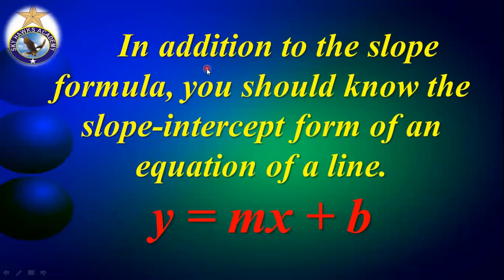In addition to the slope formula, you should know the slope intercept form of an equation of a line. So basically slope is the basic step to determine the equation of the straight line. This format is y is equal to mx plus b. This is a simple one, but the question is just in a complicated form.